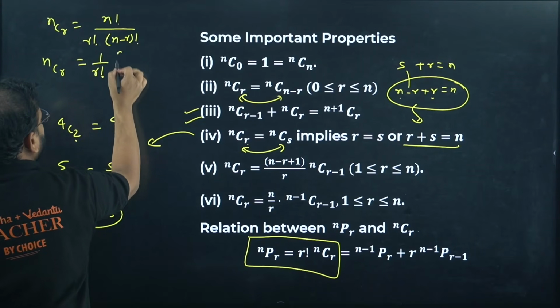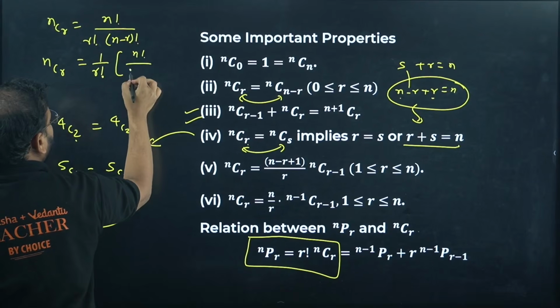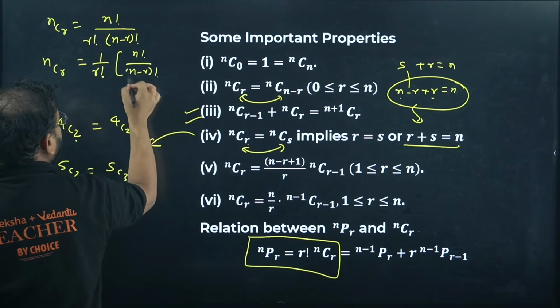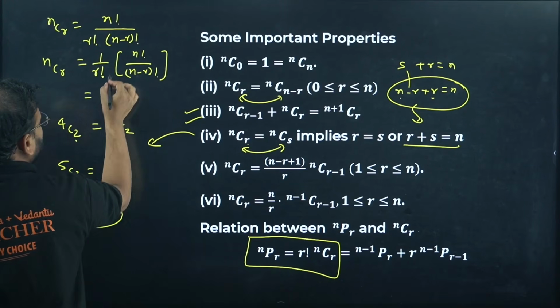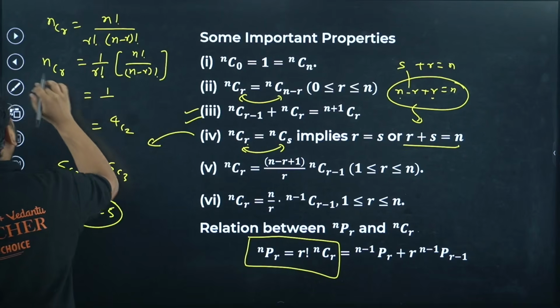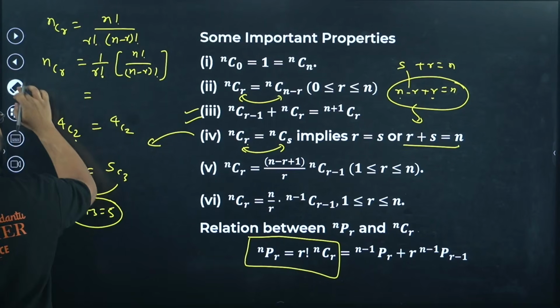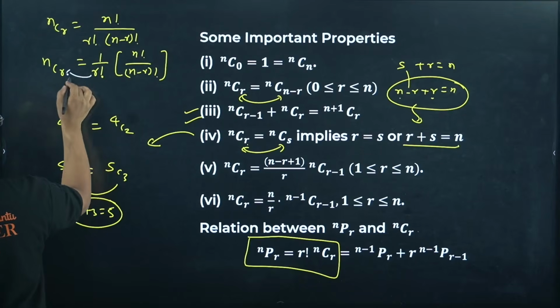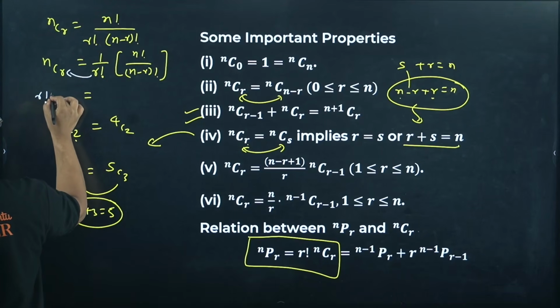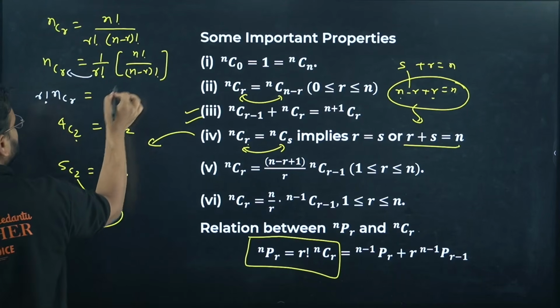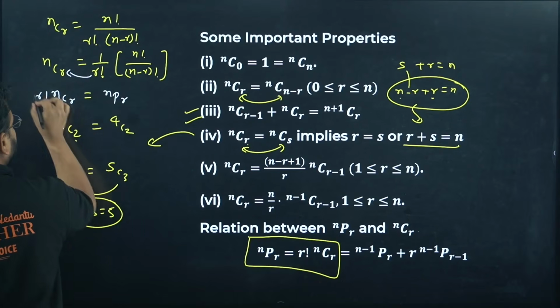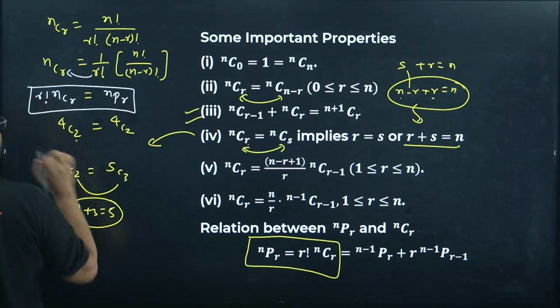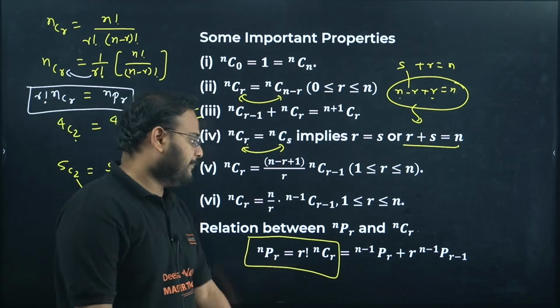I'll get n factorial upon n minus r factorial, and this value is nothing but 1 by r factorial. I can move this over here. We get r factorial times nCr, and what is this? nPr. So r factorial times nCr is given by nPr.